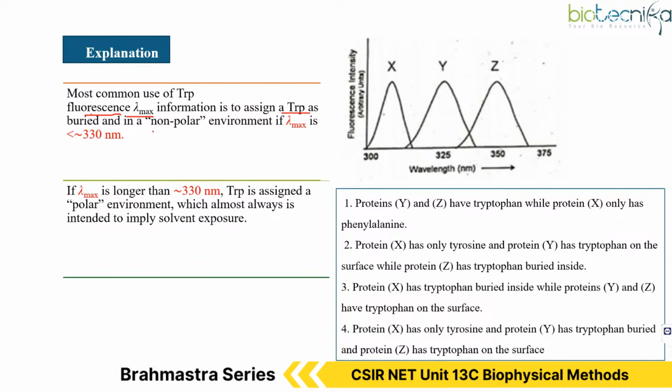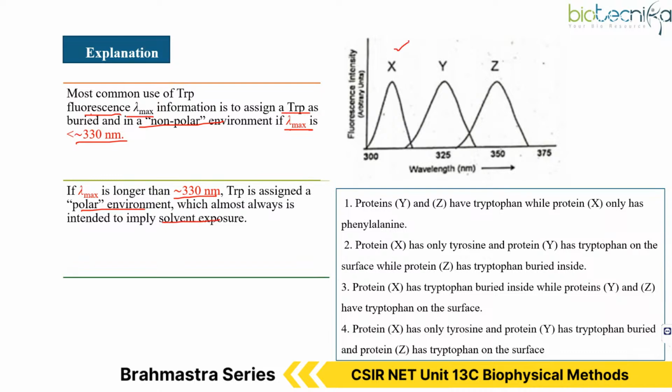If the tryptophan is in a non-polar environment, as buried, lambda max is less than 330 nm. But if it is longer than 330 nm, the tryptophan can be assigned to a polar environment, that is, it is intended to imply solvent exposure.